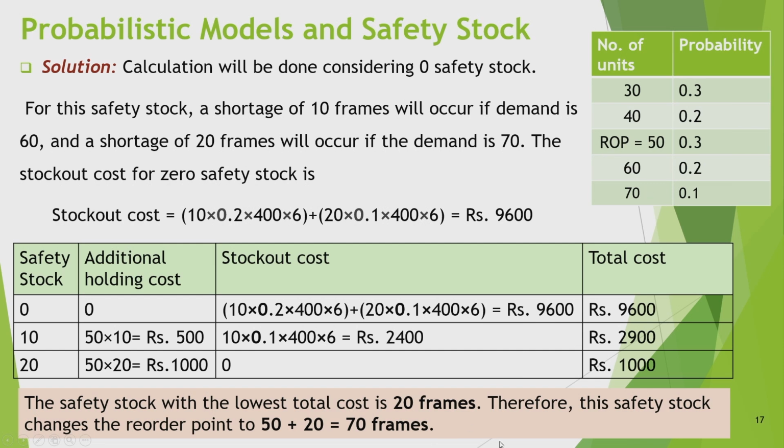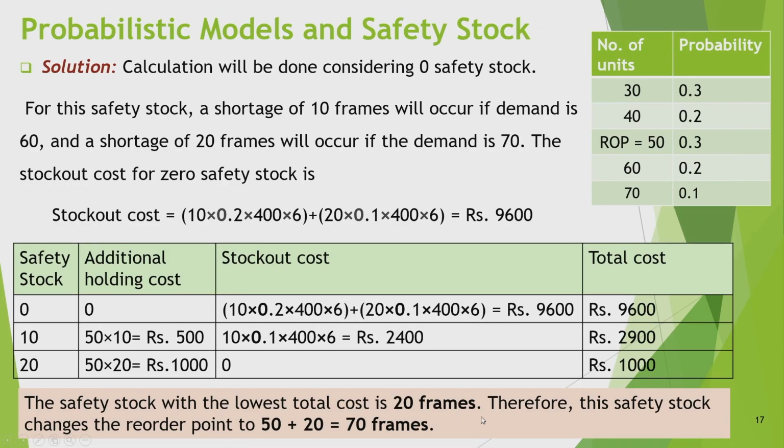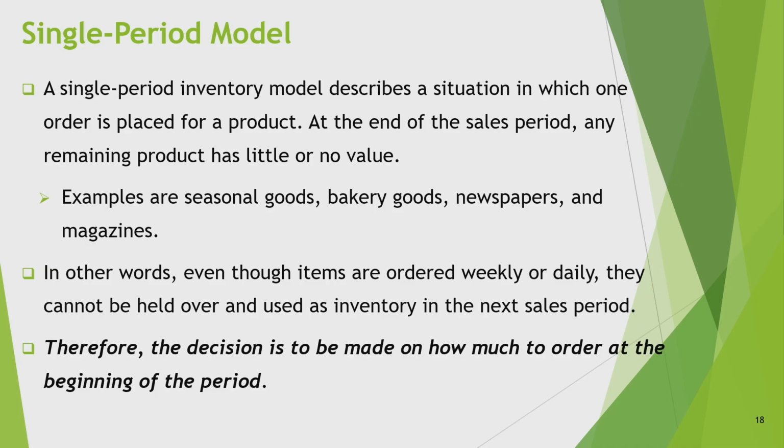So there is no problem and stock out cost is 0, and therefore the sum becomes 1000. So the safety stock with the lowest total cost is 20 frames. Therefore, this safety stock changes the reorder point to 50 plus 20, 70 frames. So the safe strategy is to keep 20 frames as safety stock. Then there are some situations like single period models.